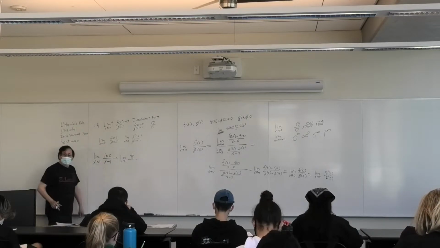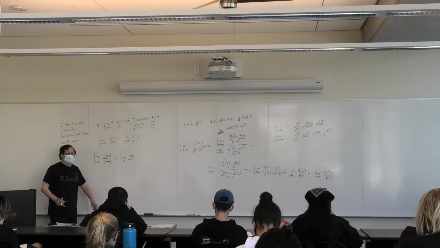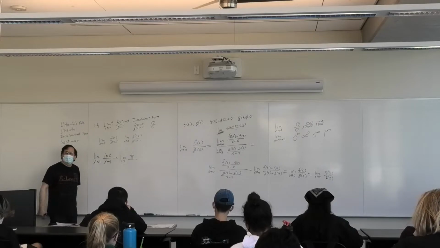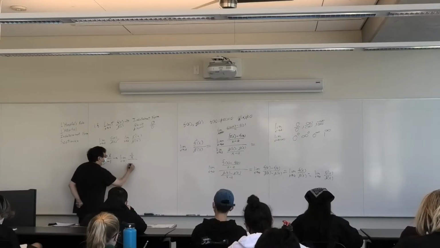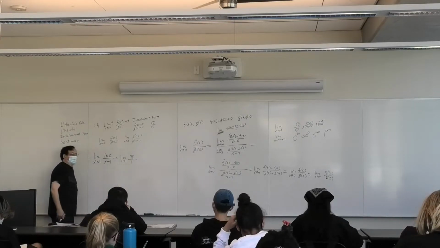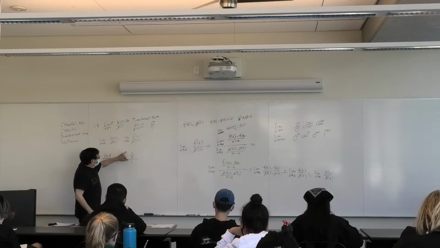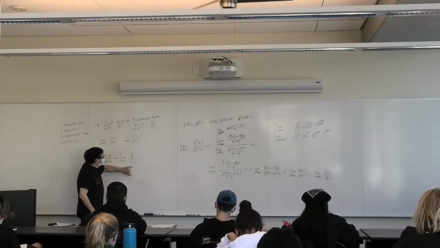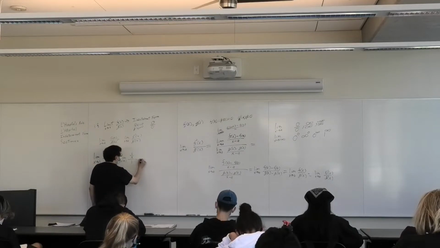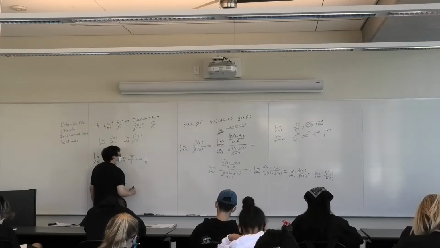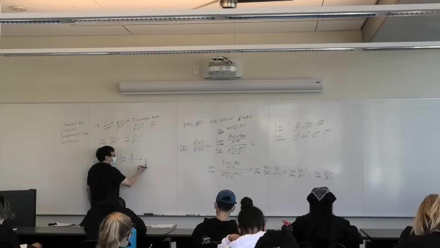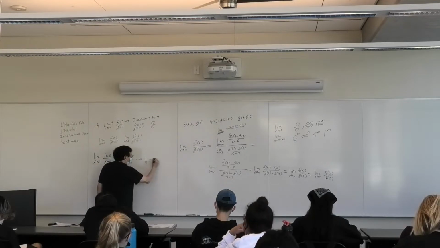Derivative of x minus 1. You should do that in your sleep. Derivative of x minus 1 is 1. So now we want the limit of 1 over x over 1, which is obviously going to be 1 over x, but if x goes to 1, this just goes to 1.